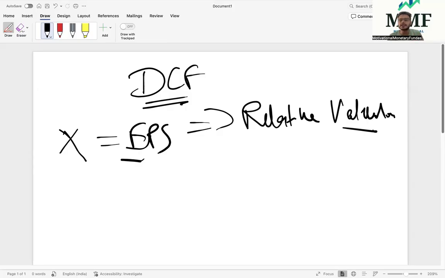You have to maintain consistency. You have to compare your multiple with a similar multiple in the same industry only. And that is what the relative valuation principle also says. अब, the problem that might come into place is if I compare my company with TCS, those companies might not be comparable because my company is still a small company.